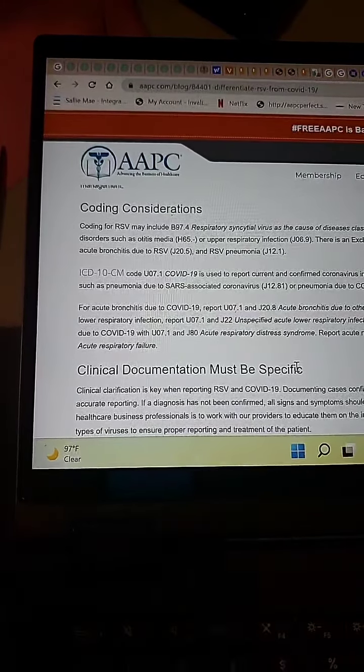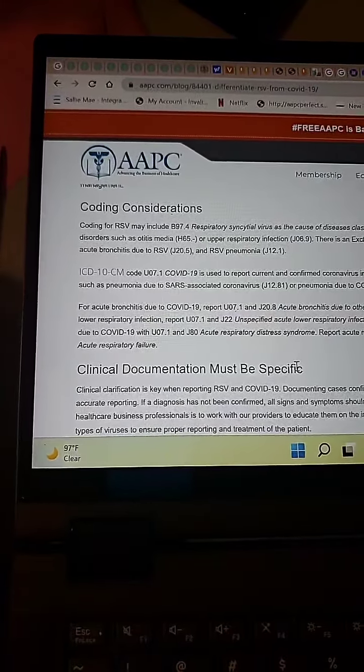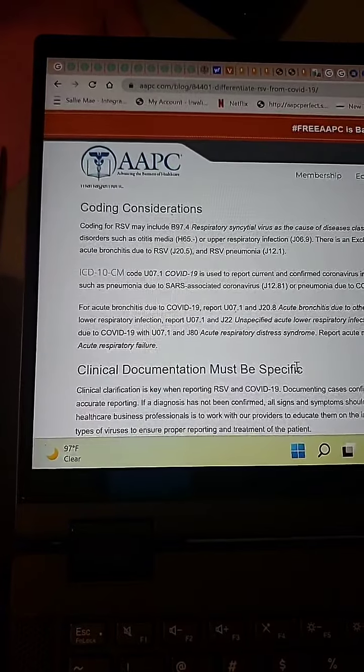I noticed I have a huge section of notes for COVID.